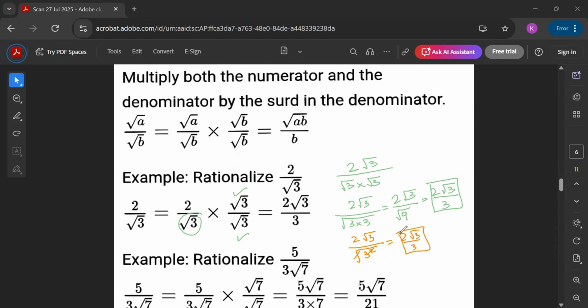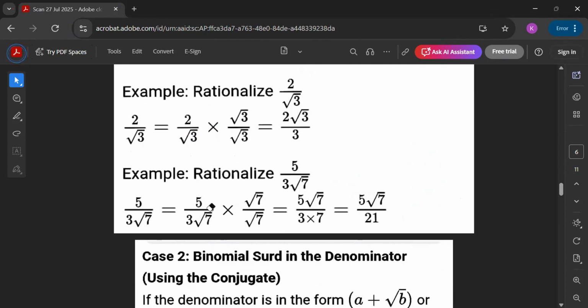And there is a simple direct way also. The direct way is this: 2 root 3 upon 3. We know that when these same surds are going to multiply, it's going to be a perfect root. So it depends on the student which way you want to adopt.